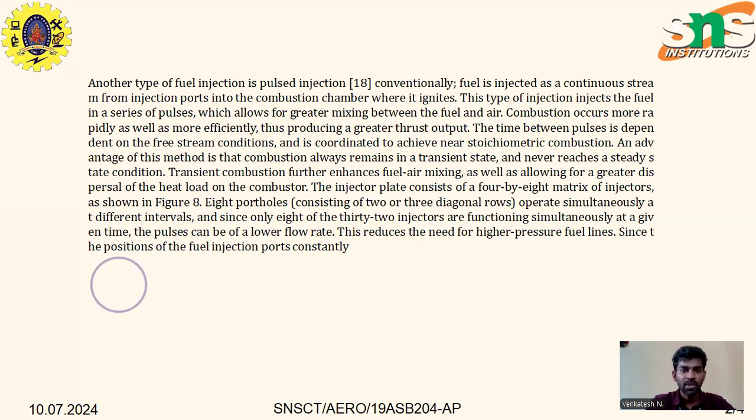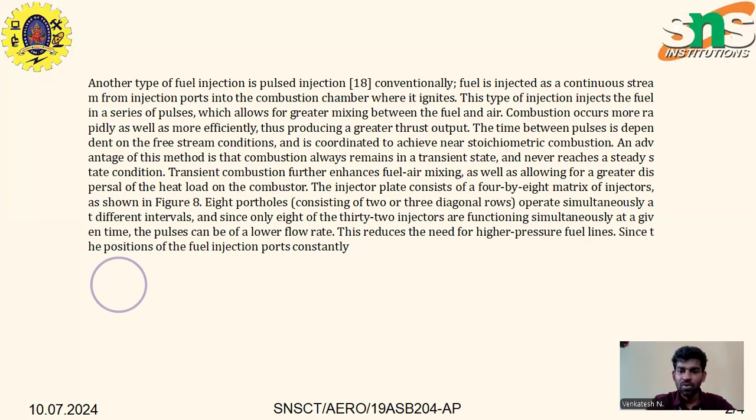An advantage of this method is that combustion always remains in a transient state and never reaches a steady state condition. Transient combustion further enhances fuel air mixing as well as allowing for a greater dissipation of heat load on the combustor. The injector plate consists of a 4 by 8 matrix of injectors in this figure.